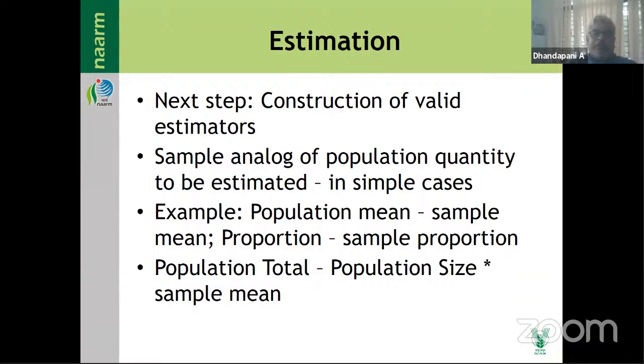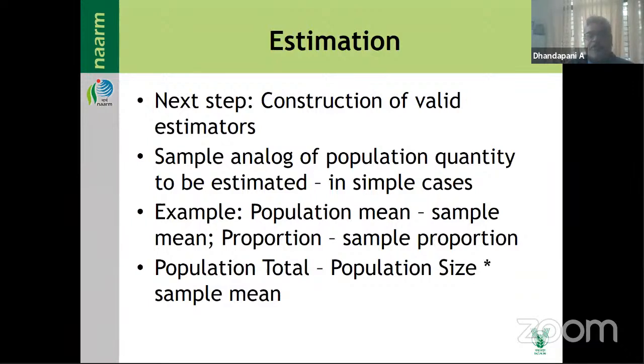You calculate the traveling time for your sample, and that would work as the estimator for your population mean. In the same way, if you are talking about proportion, say, how many are coming by a particular mode, say by car, own vehicle, or public transport, then how many in your sample are using that will be the estimate for the population proportion.